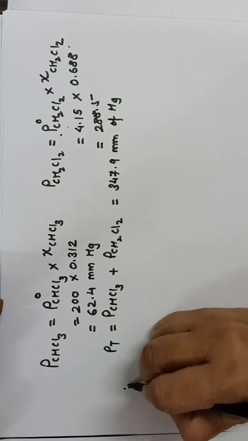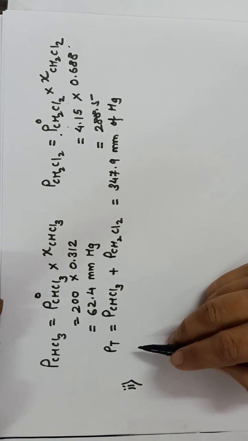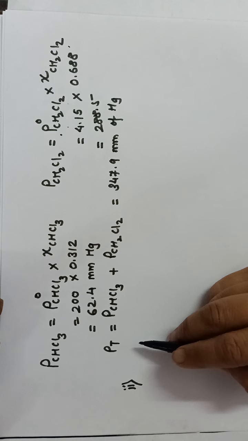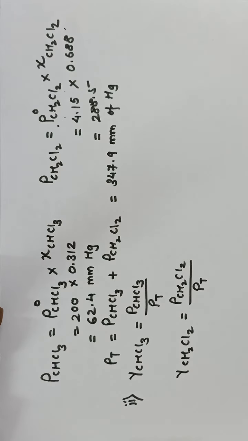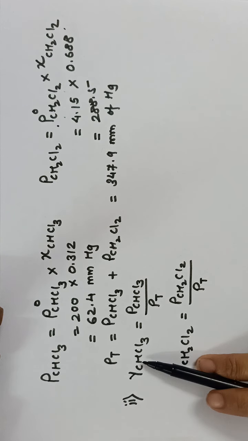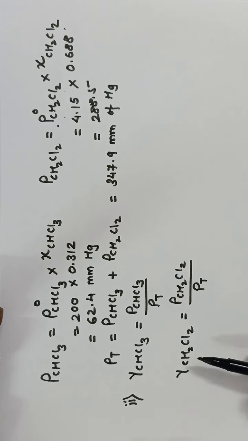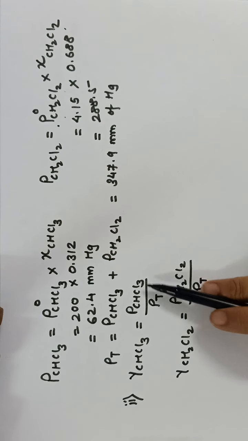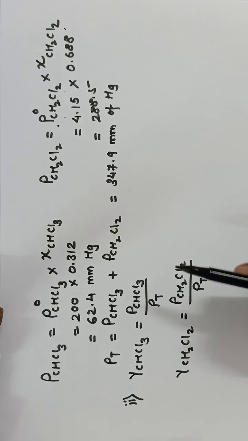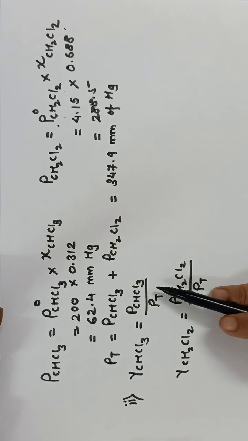Now for the second part, we are supposed to calculate the mole fraction of each component in the vapor phase. For calculating the mole fraction in the vapor phase, we use the formula: mole fraction in vapor phase equals pressure of CHCl3 upon total pressure. This we have already seen, and I have told you that this is one of the important formulas in my last video.